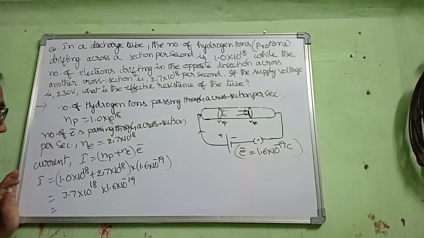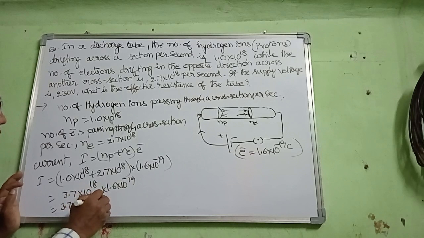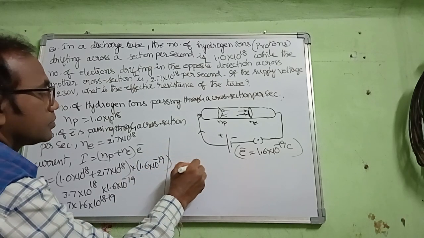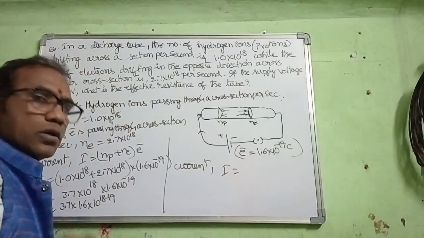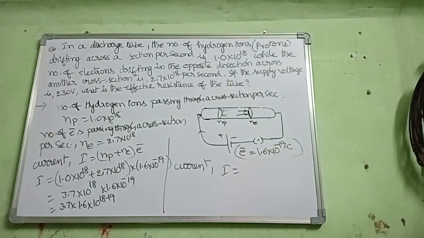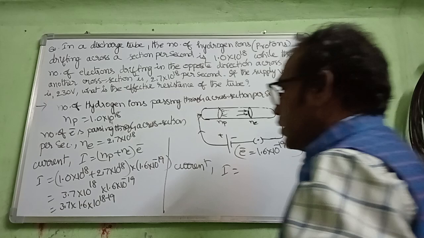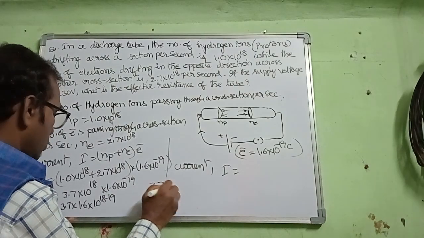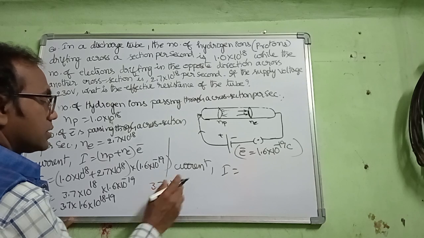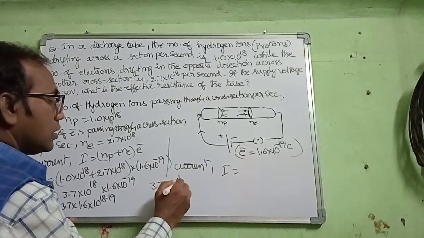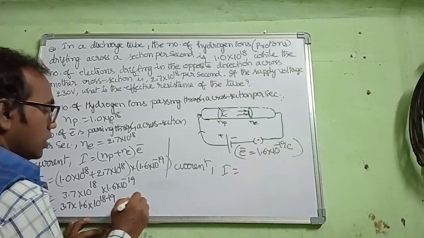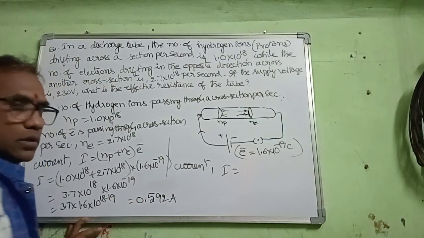Multiply 3.7 into 1.6, that is 37 into 16. On simplification we get 0.592 ampere.